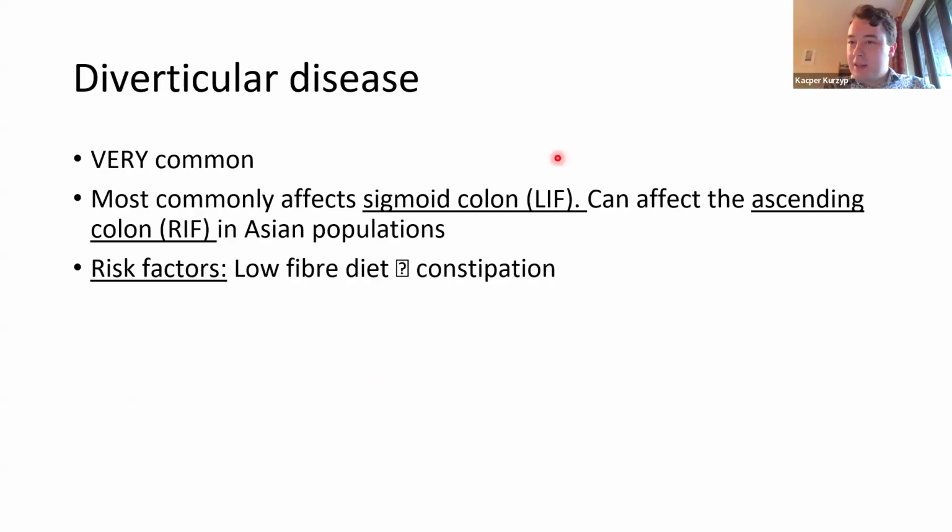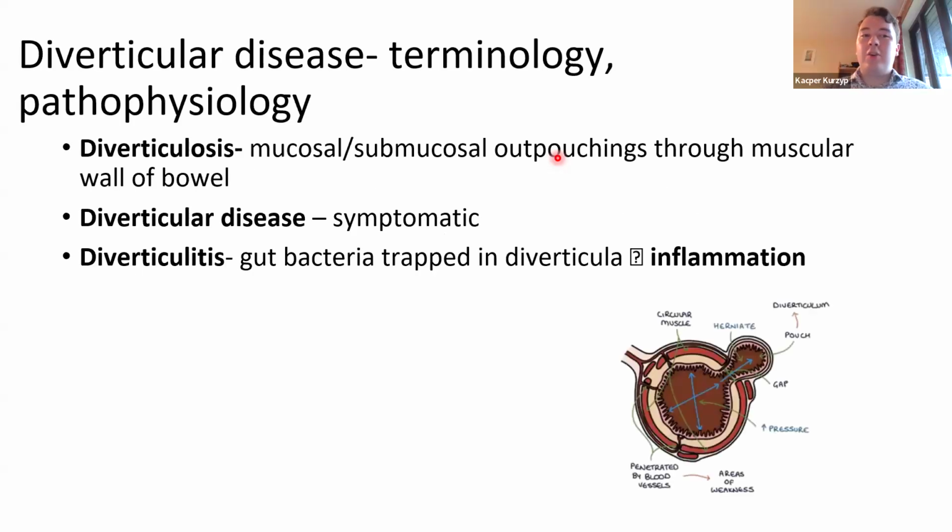However, it can affect the ascending colon, especially in Asian populations. And essentially, you have patients who have a low fiber diet, who have chronic constipation for whatever reason, and the increased pressure in the bowel lumen leads to outpouchings of the large bowel through the muscular layer.